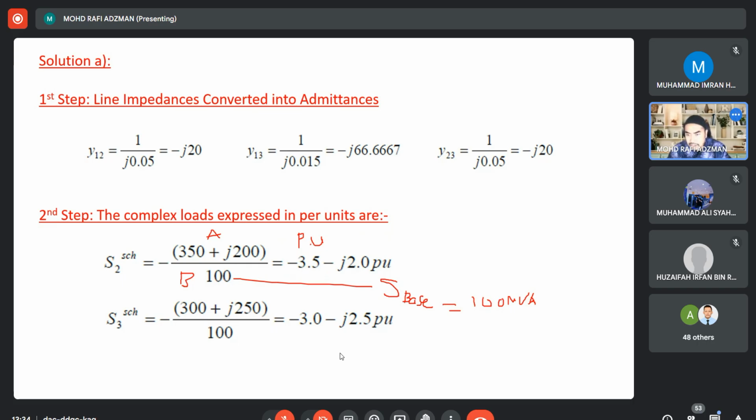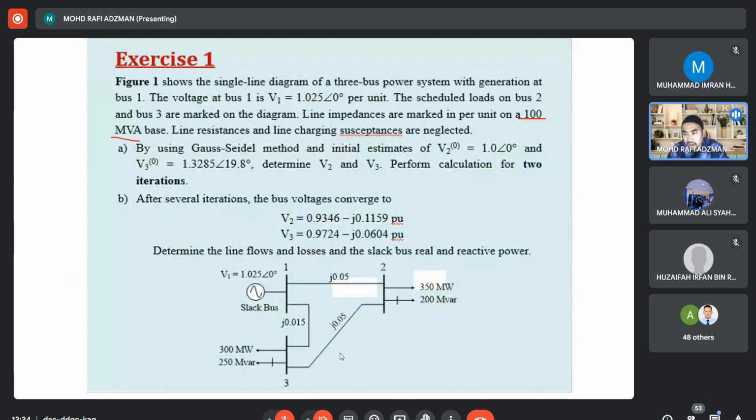And don't forget, you need to put minus in front of this, because this is load. Okay, this is load, PQ. If in example 2 before, we have PV and PQ, so for PV, you don't have to put minus. But in this case, both are PQ.